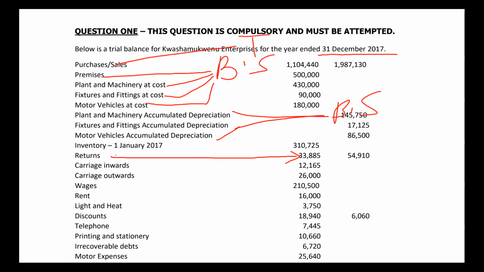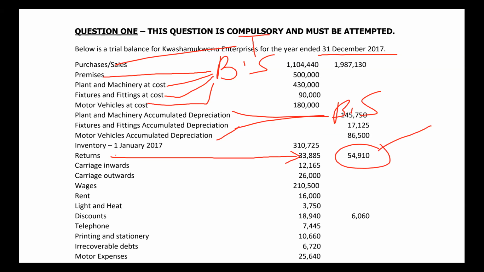The return inward is when people bring back our things. So it's a debit entry. So on the debit you have the returns what? Inward, right? Then on the credit you have the returns what? Outward. This is the returns outward.